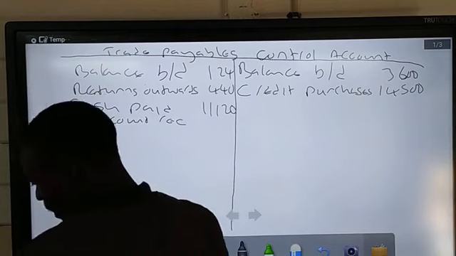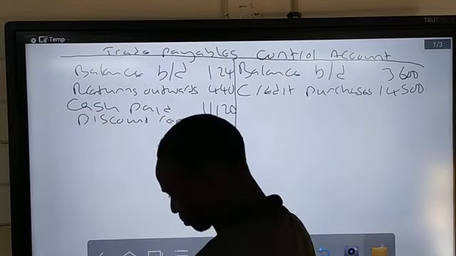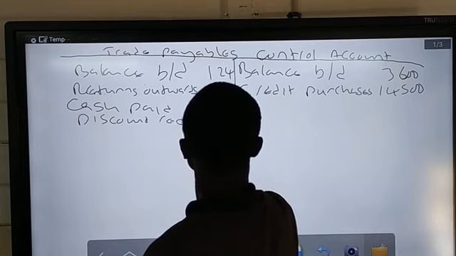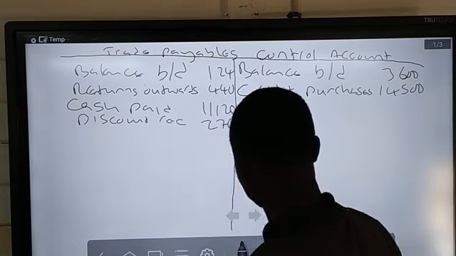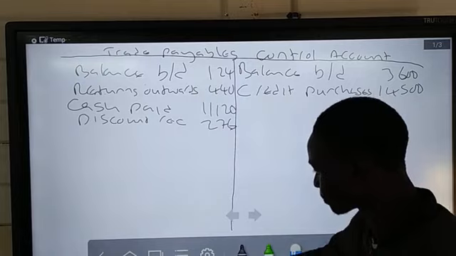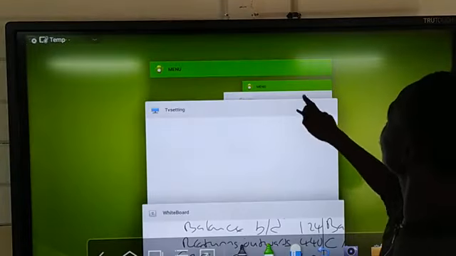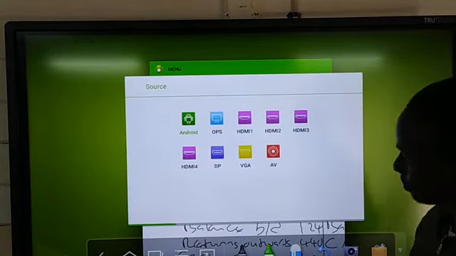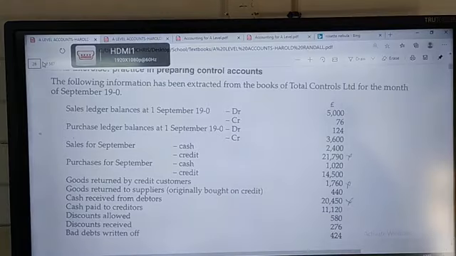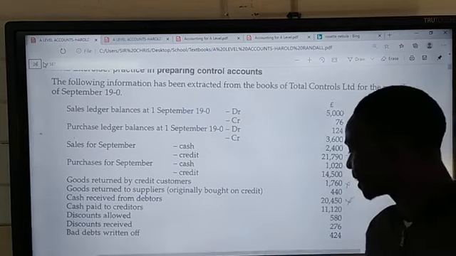Discount received. That's 276. Let's go back to the question again. If you check from our question, we also have bad debts written off. Bad debts written off are recorded in the receivables control.